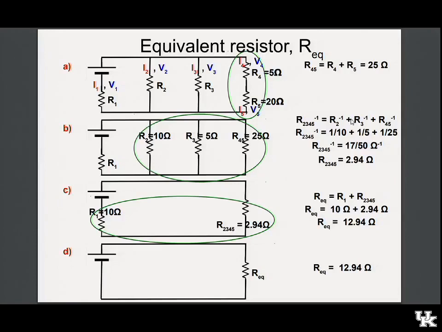If I just think about this portion of the circuit, I've got R4 and R5, a 5 ohm and a 25 ohm, in series with one another. I can replace those with a single equivalent resistor. Because it's R4 and R5, I'm going to call it R45. That is 25 ohms.